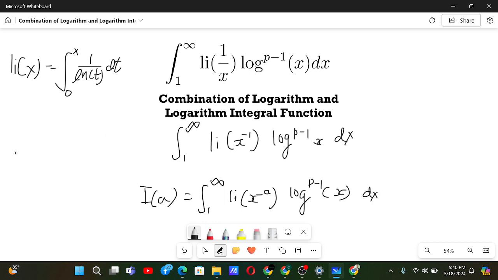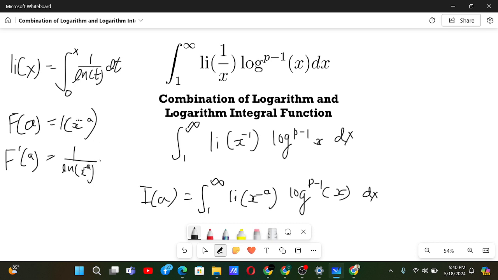Now, let's see the function f of a is Li of x to the power minus a. Let's try to find its derivative. First of all, just differentiating this integral, we get 1 by ln of x to the power minus a.